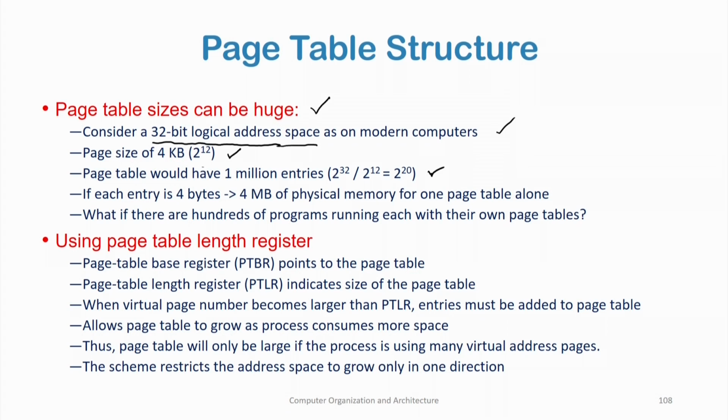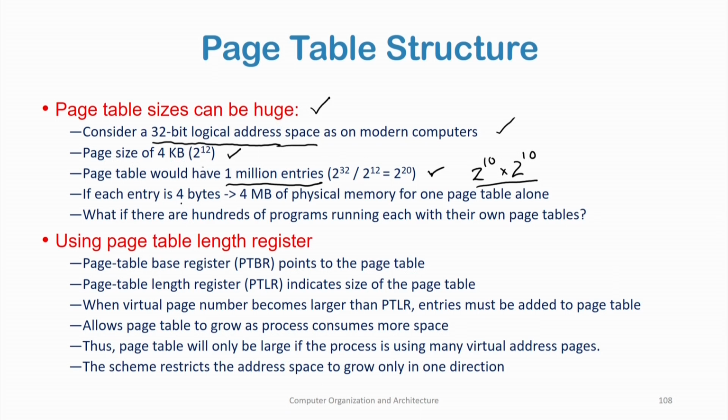So, how many entries will we have in the page table? We will have 1,000,000 entries. Why? 2 to the power 10 into 2 to the power 10, so I will have 2 to the power 20 page table entries.